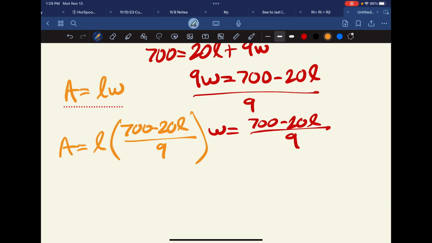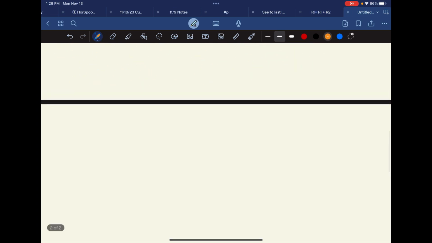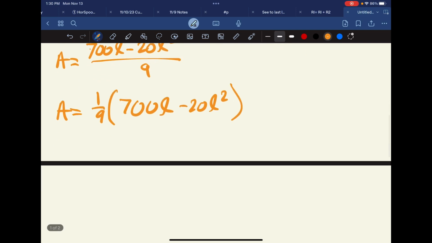And so now we are going to simplify this. A equals (700L minus 20L squared) divided by 9. And we're going to go ahead and take the derivative of this. But first I will rewrite it as 1/9 times (700L minus 20L squared).